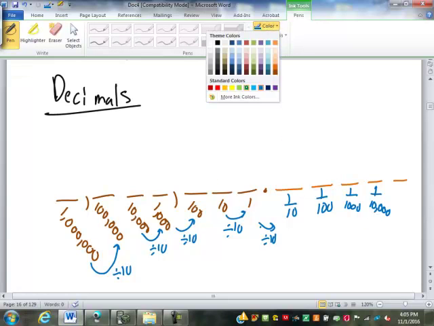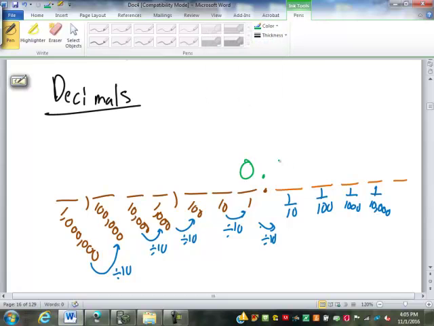So if I have 0.38, that is pronounced 38 hundredths. Making that into a fraction is as simple as putting 38 over 100.